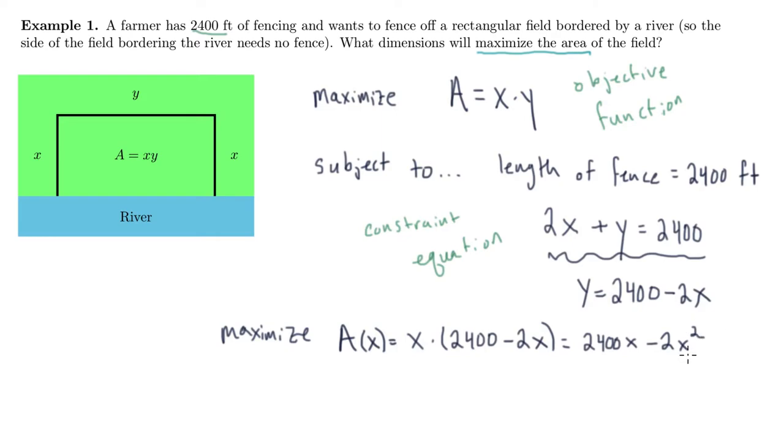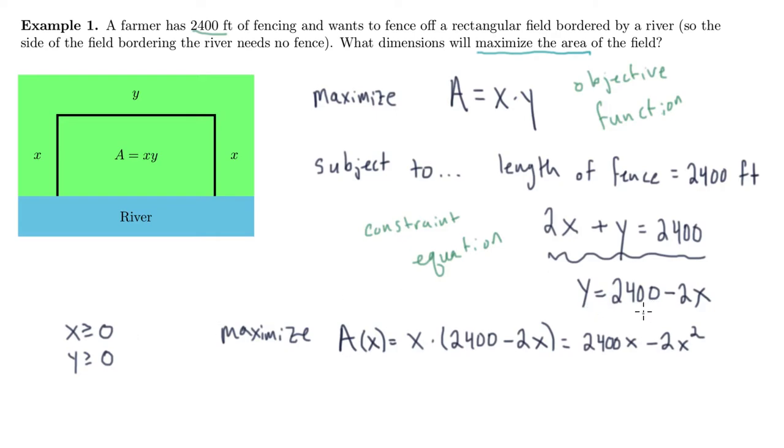Okay, so I'm almost done, but I need to understand the domain of this function. Okay, so x here is this distance. Now certainly x must be greater than or equal to 0, right? It doesn't make sense to have a negative area or a negative side length for one of the sides of my fence. And it better also be the case that y is greater than or equal to 0. So here I'm just applying some very simple realistic observations that x and y better not be negative because that is not going to make sense.